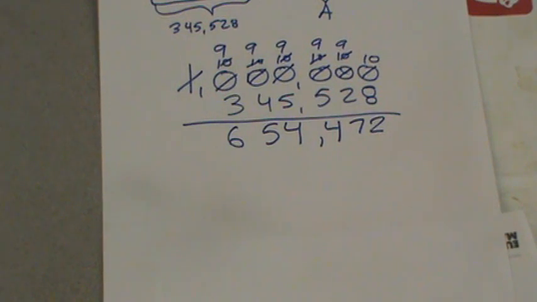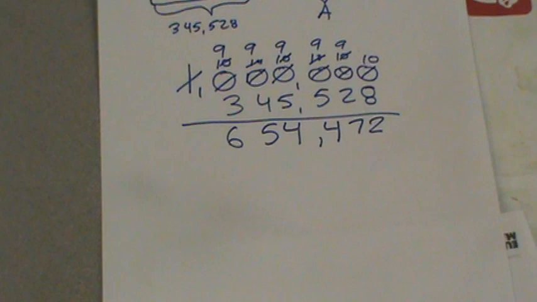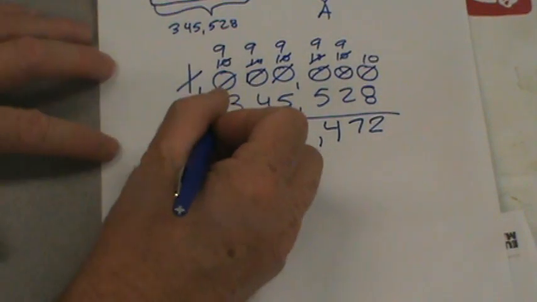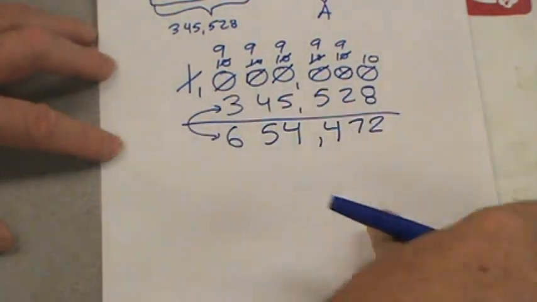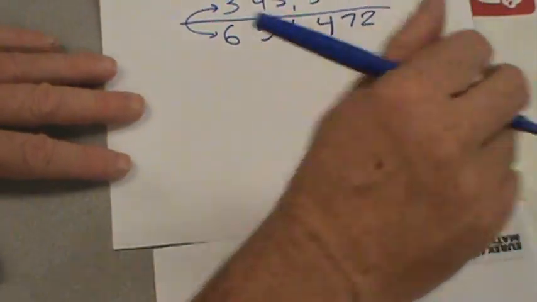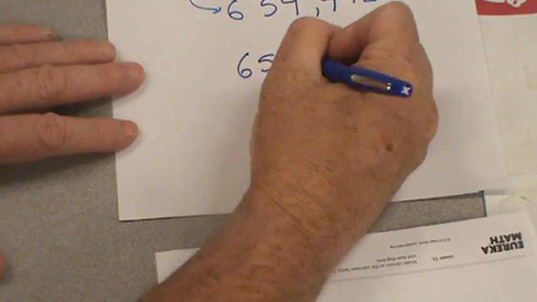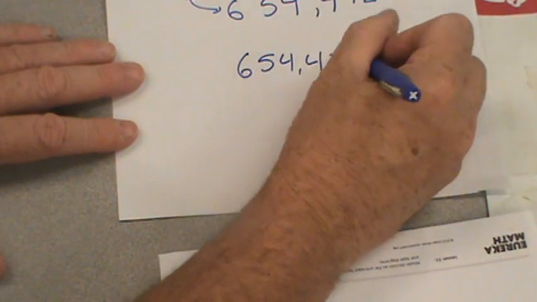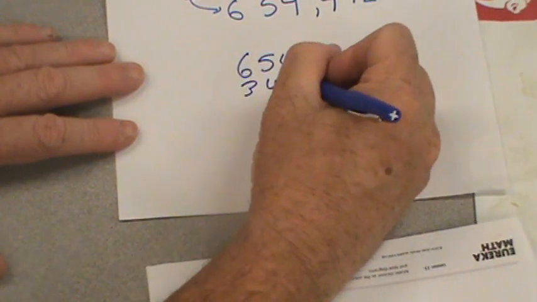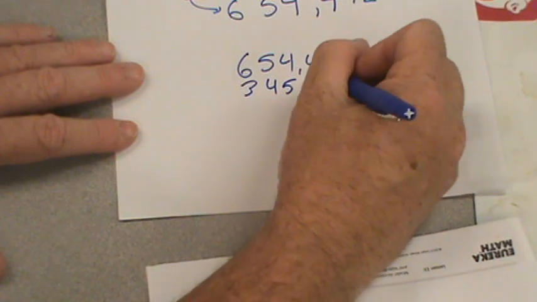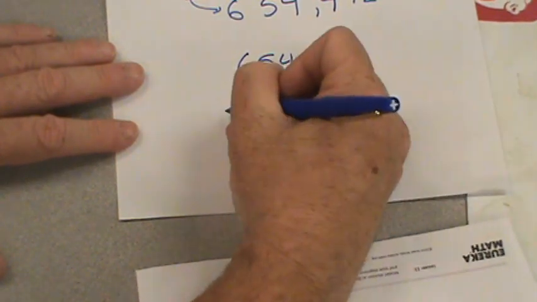Should we follow the advice of Billy Bobcat and add to check? Well, I think that's excellent advice. So what we'll do is we'll add these two numbers, and it should equal 1 million. Is this going to equal 1 million?